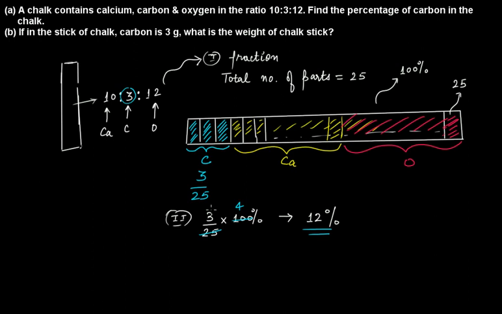The second part of this question, that is B part. If in the stick of chalk, carbon is 3 gram, what is the weight of chalk stick? Again, it's saying that the weight of this carbon is 3 gram. What is the weight of chalk stick?